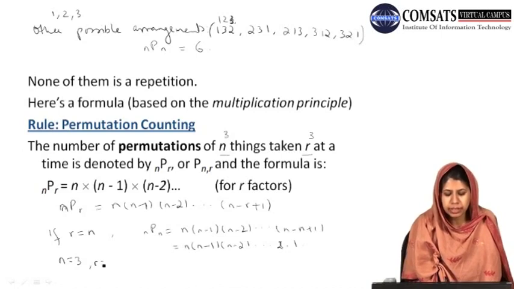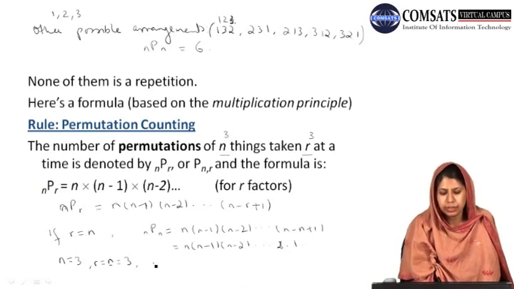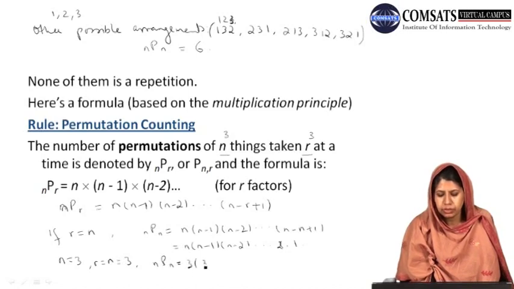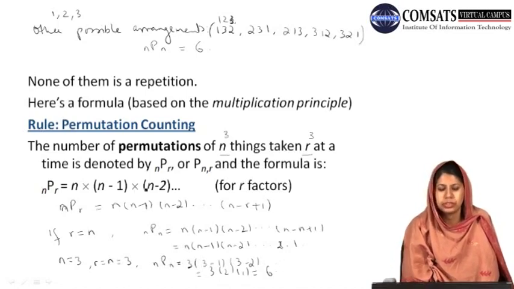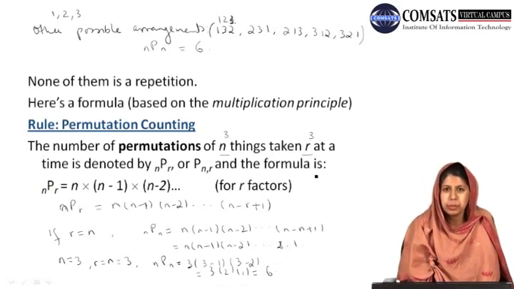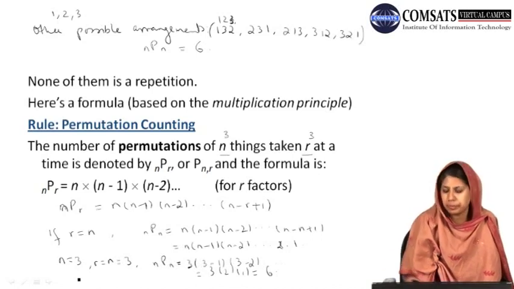The number of items taken is also 3, that is r is equal to n. So nPn should be equal to 3 into 3 minus 1 into 3 minus 2, and we stop here. That is, we have 3 into 2 into 1, which is equal to 6. So in this case we have 6 permutations, or in other words 6 possibilities of arranging 3 items taken from 3 items.